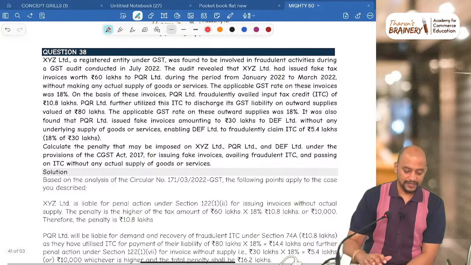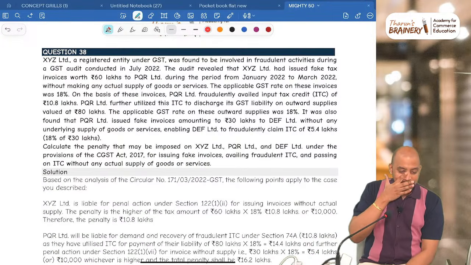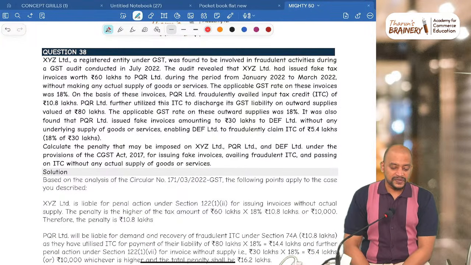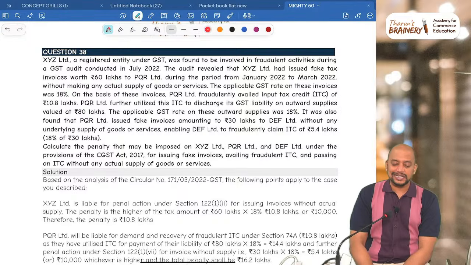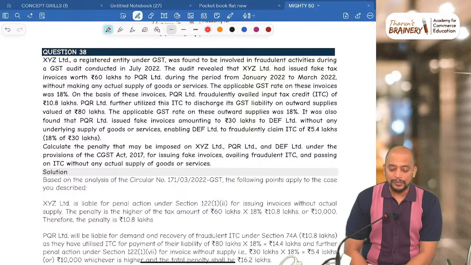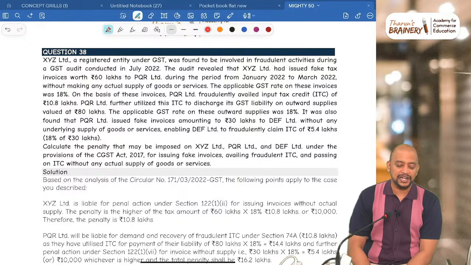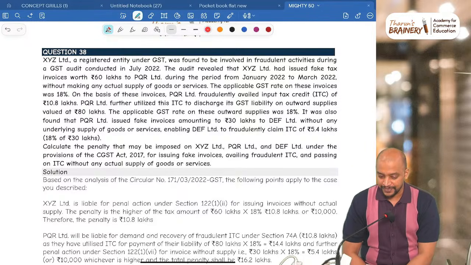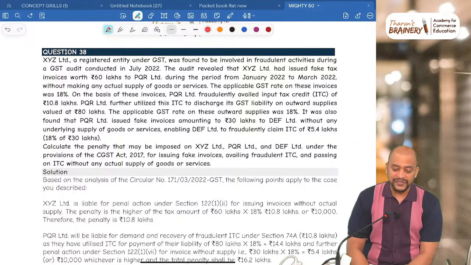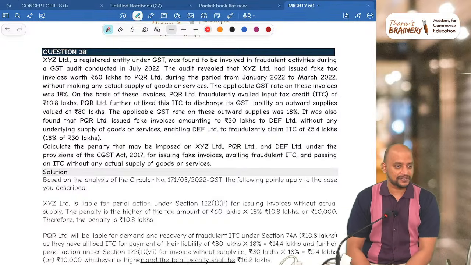Next, question number 38. XYZ Limited, a registered entity under GST, was found to be involved in fraudulent activities relating to GST in an audit conducted in July 2022. The audit revealed that XYZ Limited had issued fake tax invoices worth 60 lakhs to PQR Limited during the period from January 2022 to March 2022 without making any actual supply of goods or services.